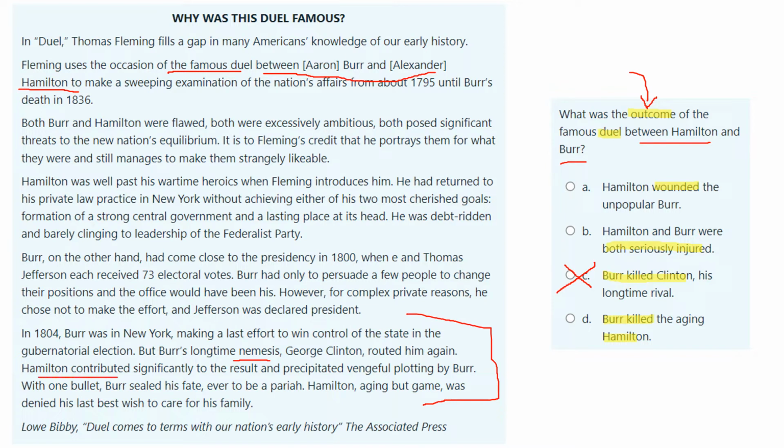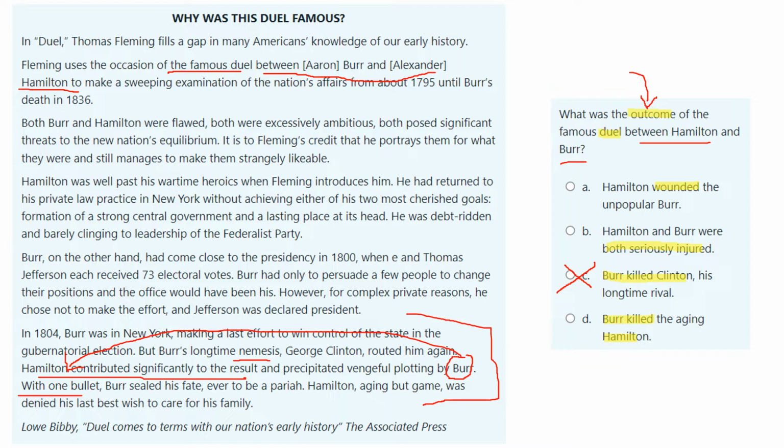Hamilton contributed significantly to the result. So Hamilton was helping Clinton to defeat Burr. And so this came before vengeful revenge plotting by Burr. So Burr plotted to get his revenge against Hamilton with one bullet. Well, the bullet could be in a duel.